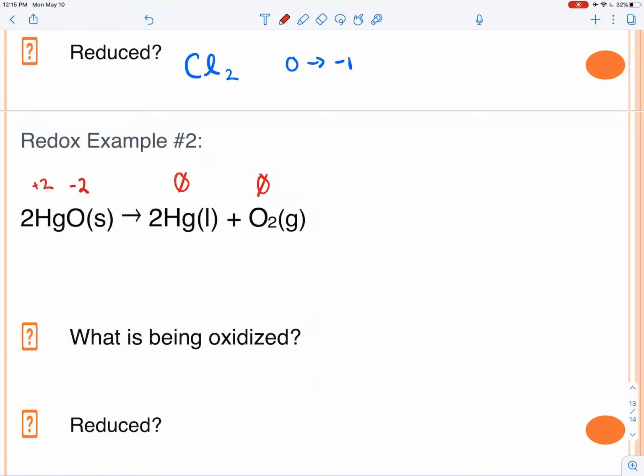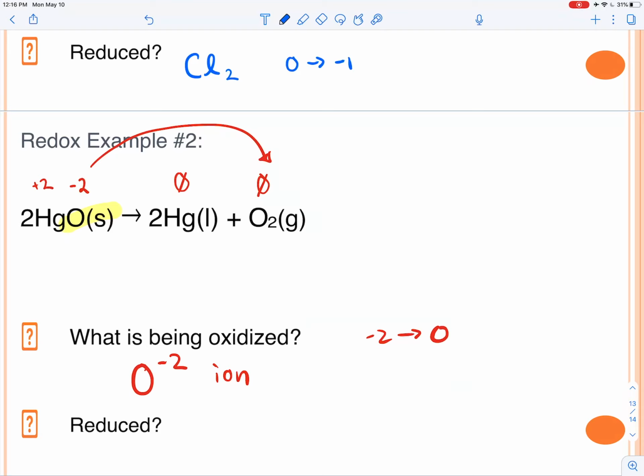So now we want to see what's happening. Well, oxidation means the number's going up. So all these numbers are becoming 0. So from -2 to 0, that's an increase. That's going to be my O-2 ion. Okay, so this chemical here is being oxidized because it's going from -2 to 0.